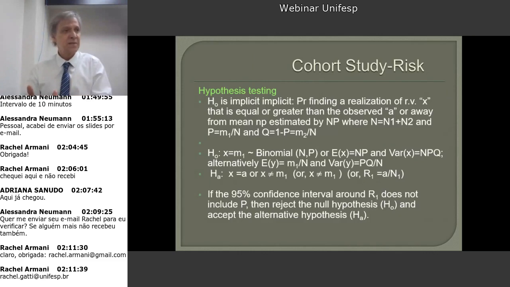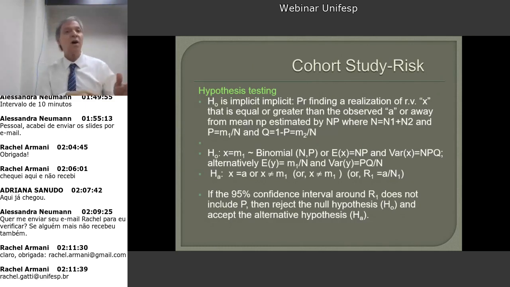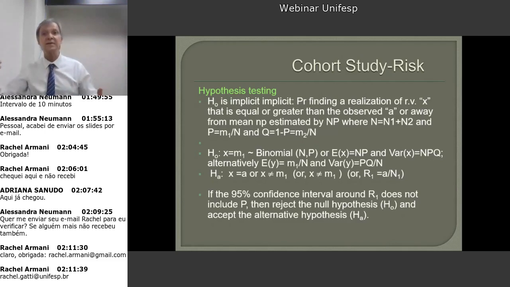You with me? That's your variance. Take the square root of that, it's going to be about 0.03. Then I multiply that by 1.96, about 2. I found a risk ratio of 1.5, so it's going to be 1.5 plus or minus 0.6, which is 0.9 to 2.1. You did it in your own head.